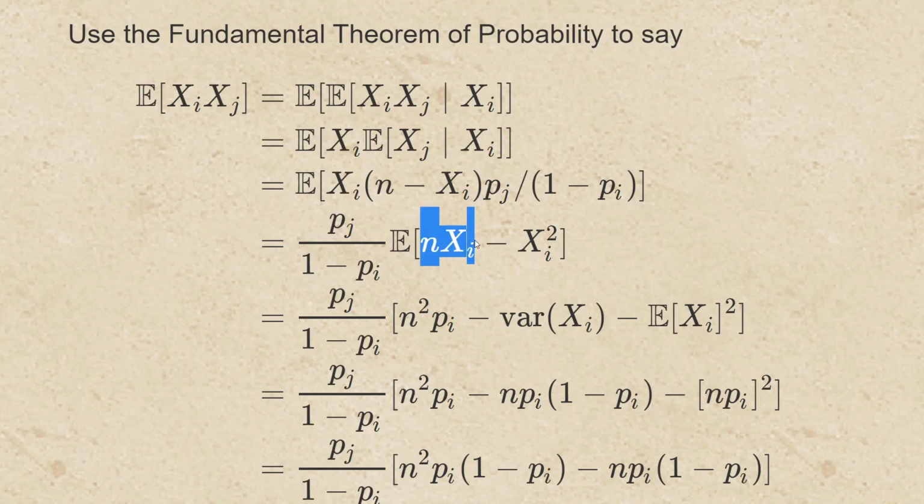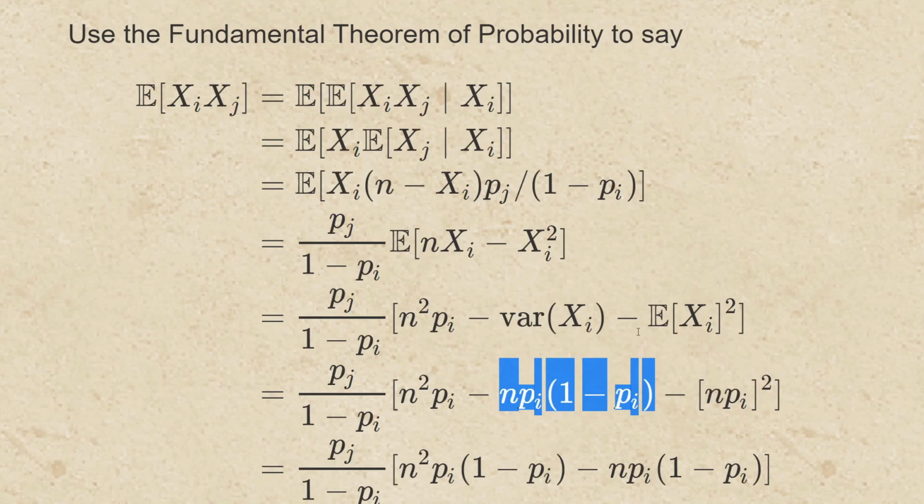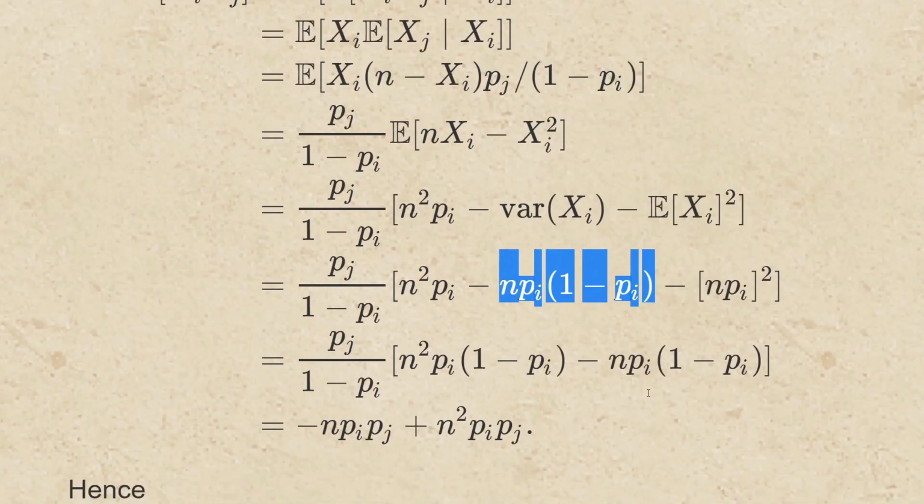Now this latter factor is just a constant, so we can bring it outside of the expectation. And what's left inside is n times x sub i minus x sub i squared. Now the expected value of n times x sub i, the n comes out, we get another n p sub i, so we are left with n squared p sub i. Negative the expectation of the square of a random variable is negative the variance minus negative the expected value squared. The expected value of x sub i is n p sub i, and the variance of x sub i is n p sub i times 1 minus p sub i.